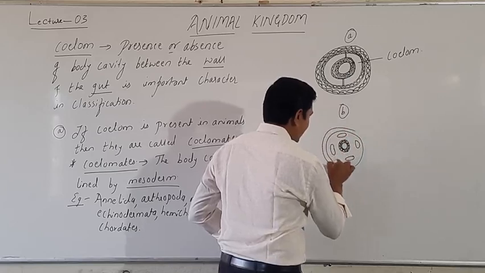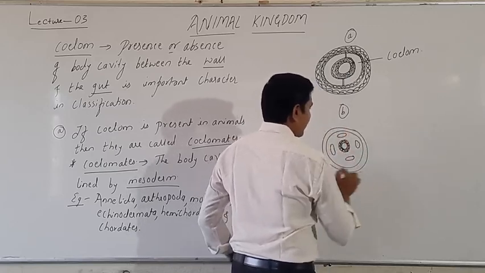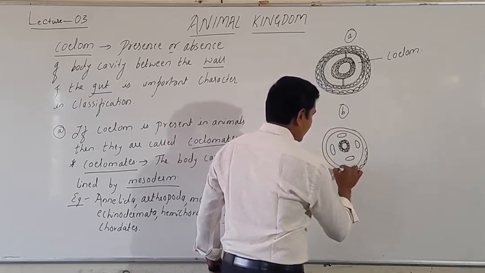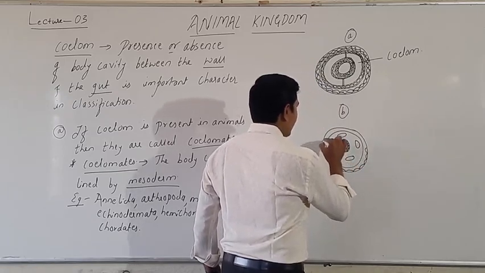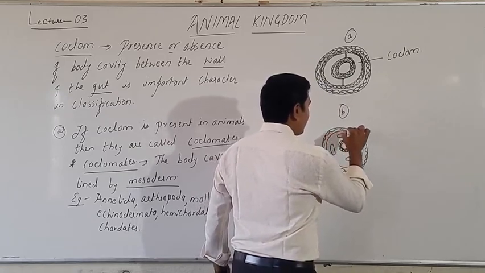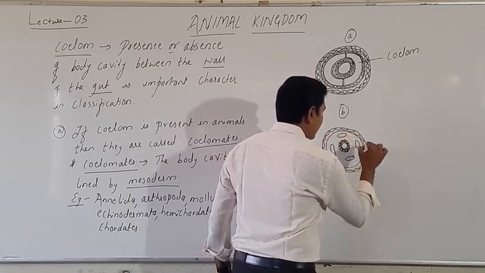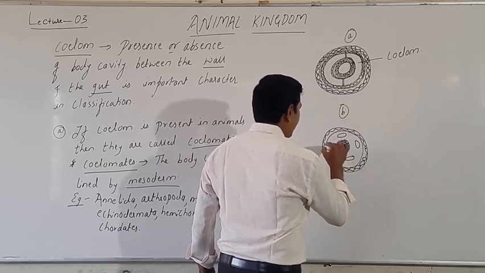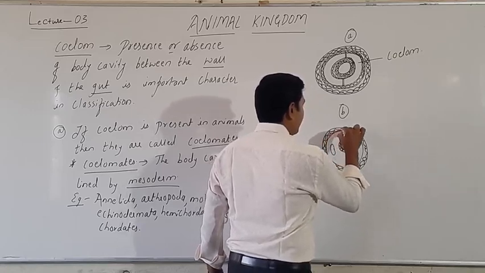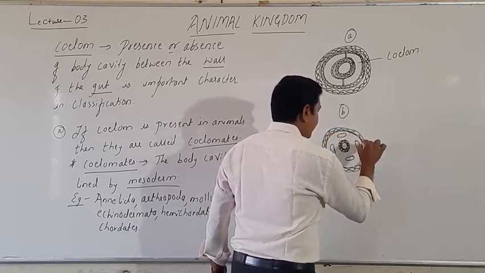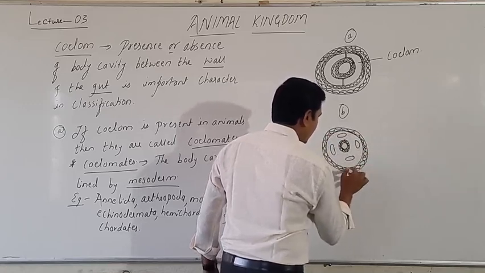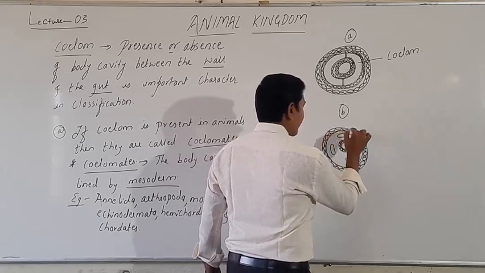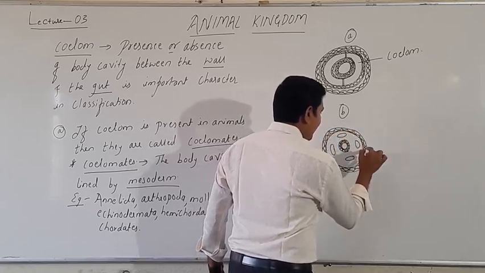So the outer layer we call ectoderm. So we have the ectoderm, we have the endoderm. All these are cells, and this is in the embryonic stage.